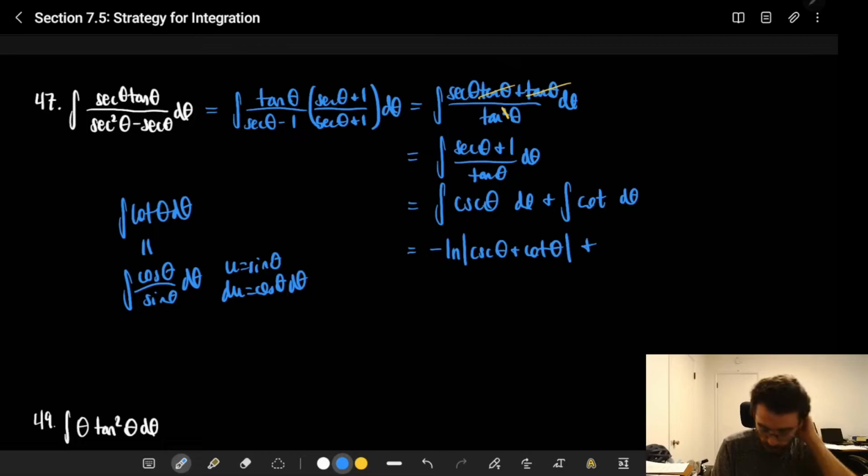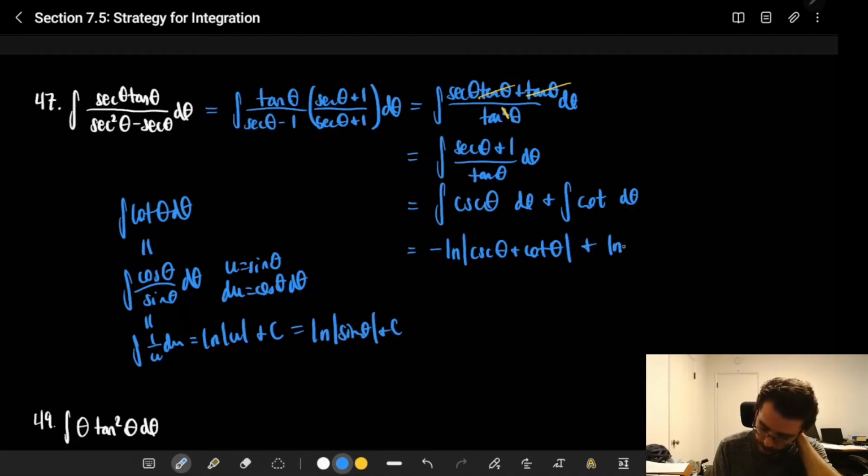Don't even need to correct any terms. This is just 1 over u du, which integrates to natural log of u. Plug back in, you get natural log of sine of theta. Yeah, and theta is fine because we started with it in terms of theta, so that should be correct. Great.